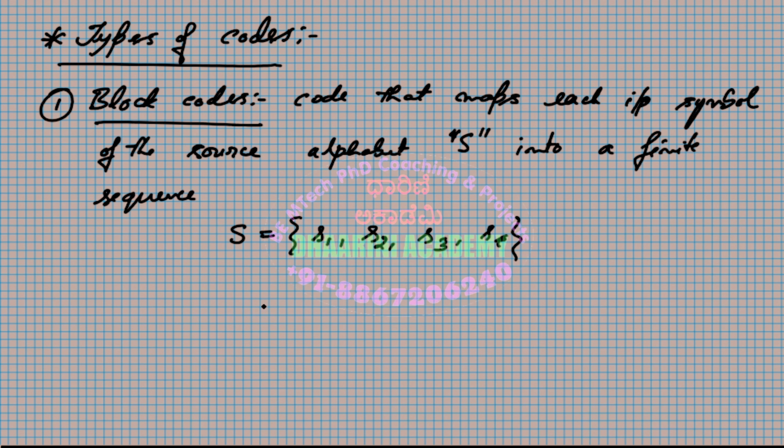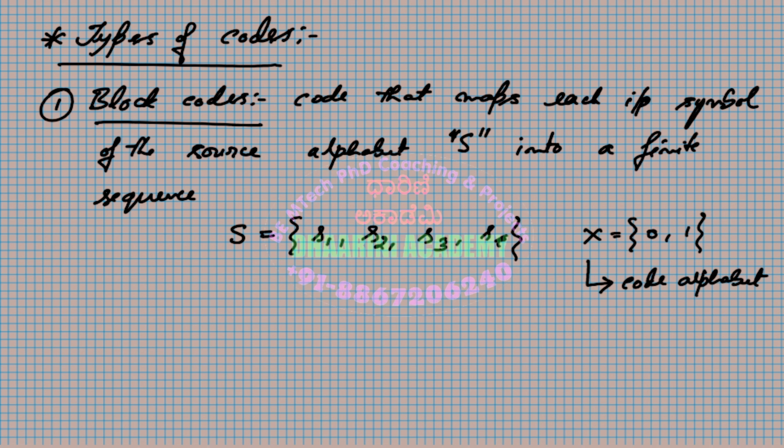The output symbols, let's say X, contain zeros and ones. X is called the code alphabet, because the code will be generated by using these symbols. The result of the coding is called a code word.